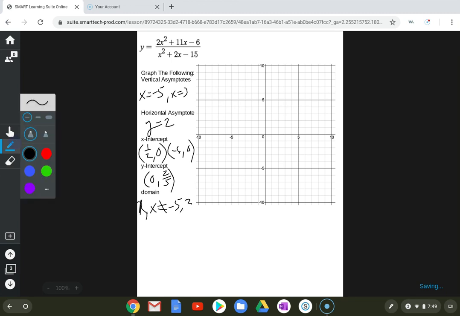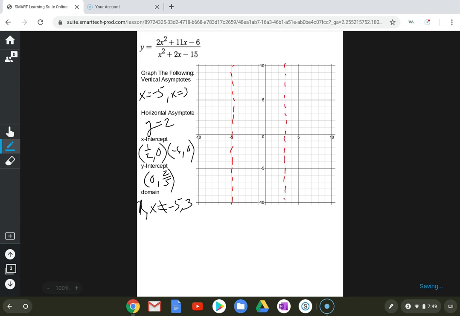All right, so first thing I always do is sketch the asymptotes. So we have a vertical asymptote at negative 5 and a vertical asymptote at 3. Next, we want to sketch the horizontal asymptote, which is at y equals 2. All right, now I'm going to use my intercepts.